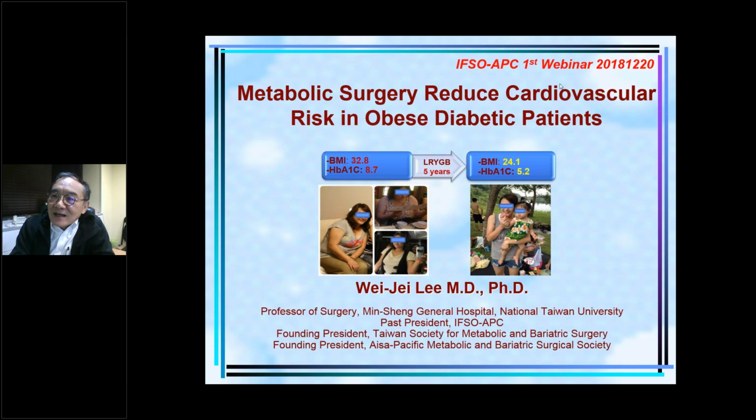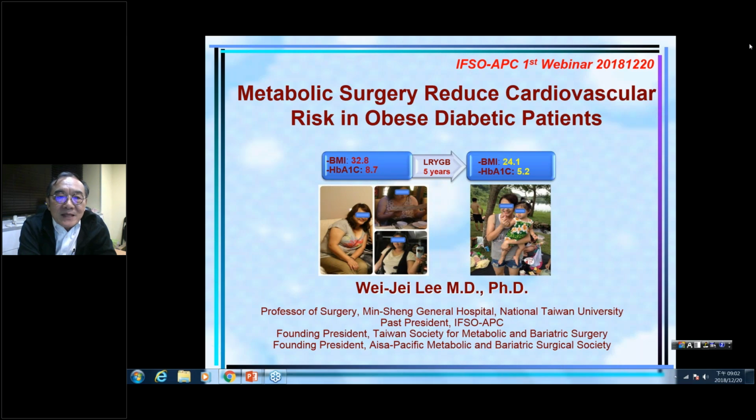So I will start my presentation here. The topic is metabolic surgery reduces cardiovascular risk in obese diabetes patients. As shown in this figure, this is now the daily practice of our center.